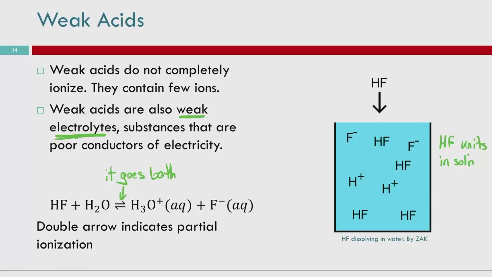So it goes both ways. You will only see that for weak or reversible solutions/reactions. So since HF is a weak acid, some of the H3O plus and the fluorides are also going back to form HF. They're going both directions.